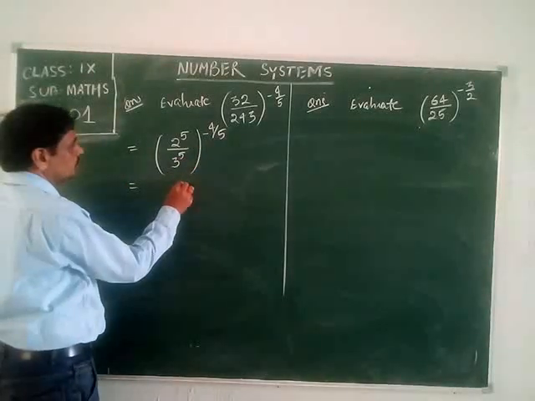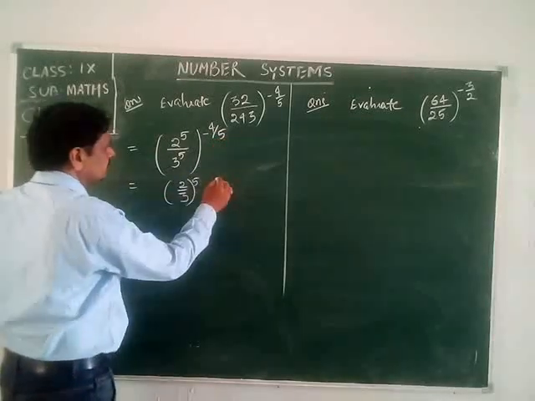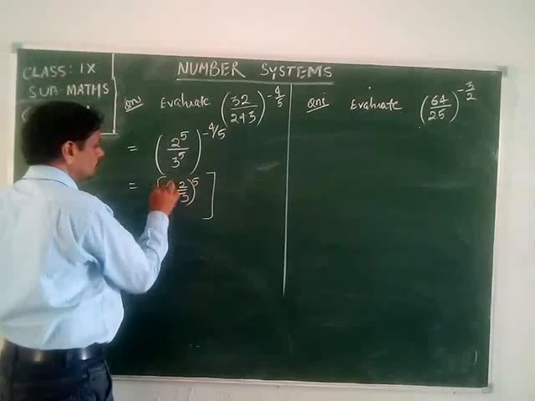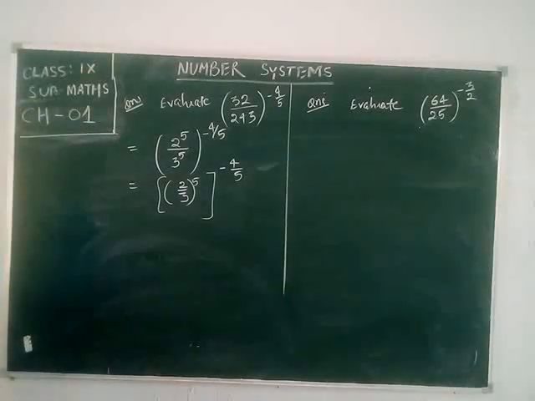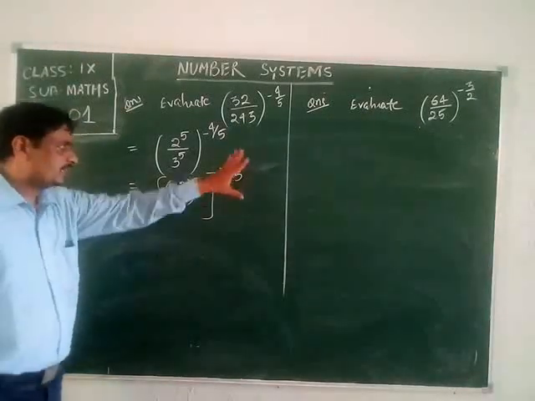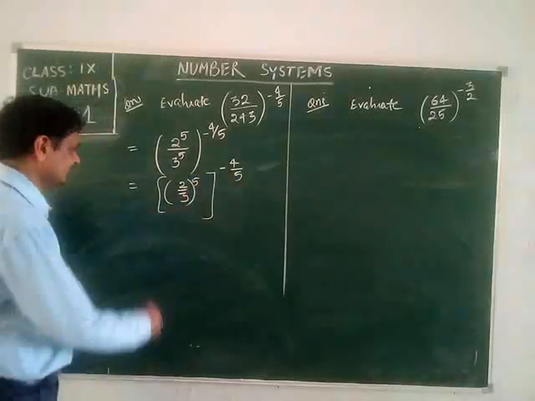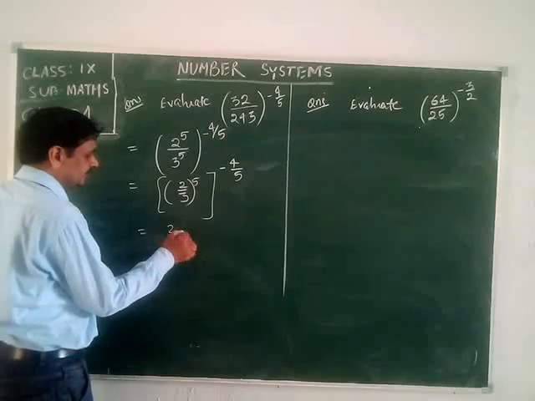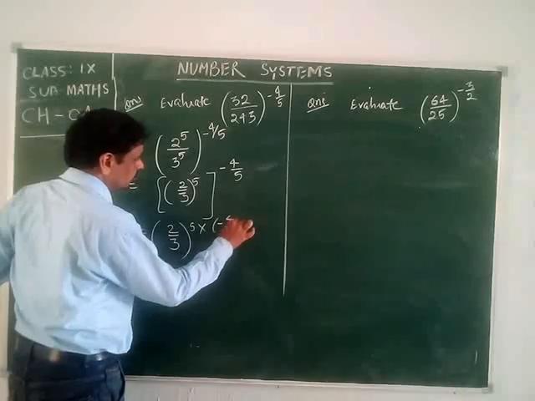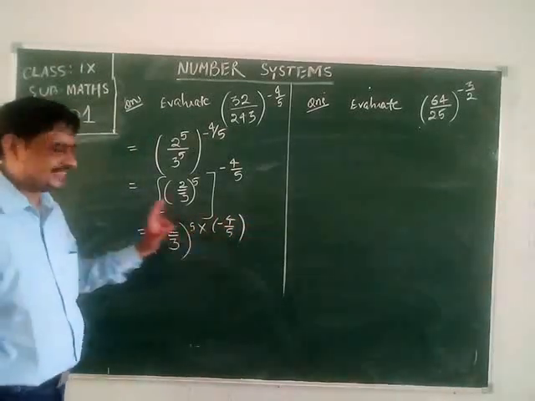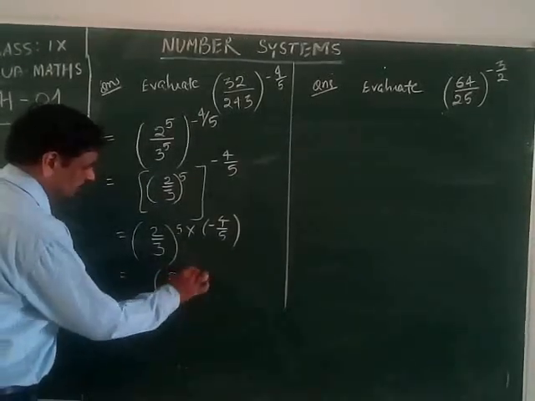Now it is 2 by 3 whole to the power 5, this to the power minus 4 by 5. We can multiply this 5 with minus 4 by 5 directly. It is 2 by 3 whole to the power 5 into minus 4 by 5. Here 5 will be cancelled. Remains 2 by 3 whole to the power minus 4.